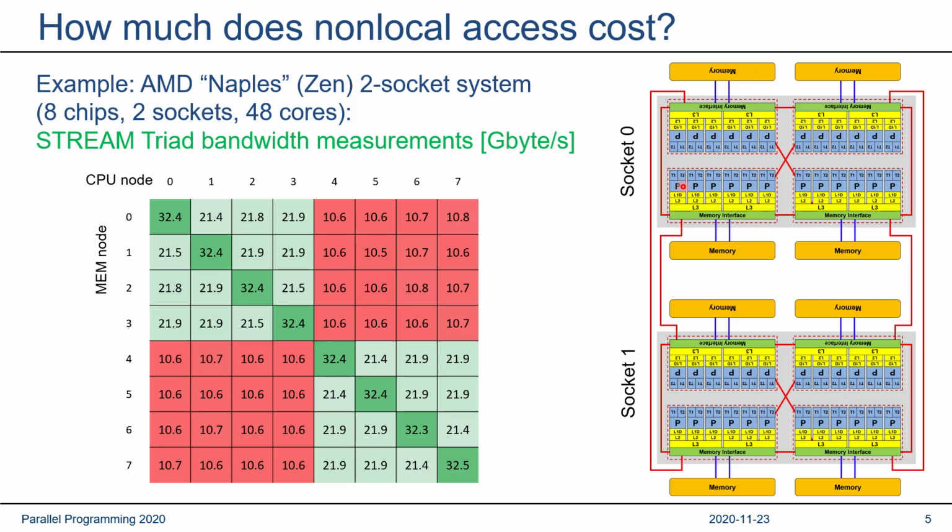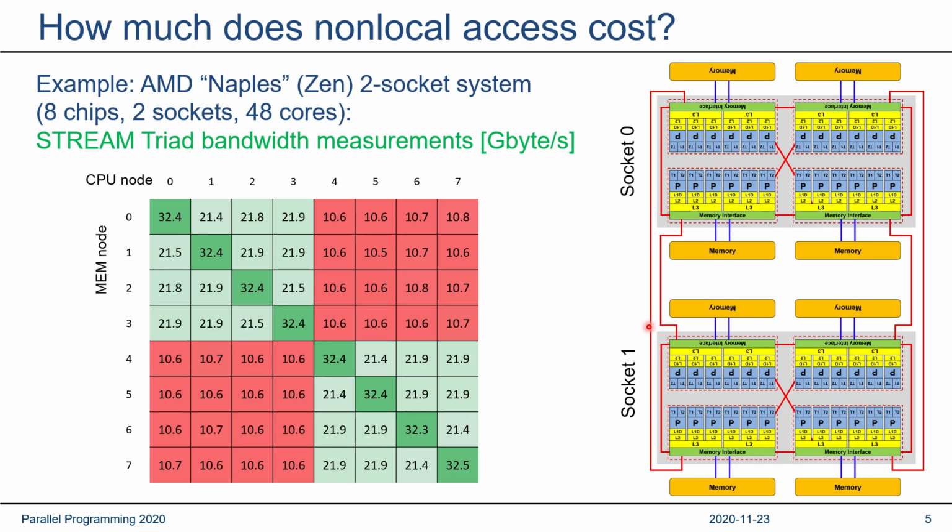Each socket has 4 chips. Each chip has 6 cores. Each core has its own local L1 and L2 caches, and triplets of cores share a common L3 cache. 2 core triplets, so 6 cores, share a memory interface with 2 memory channels.